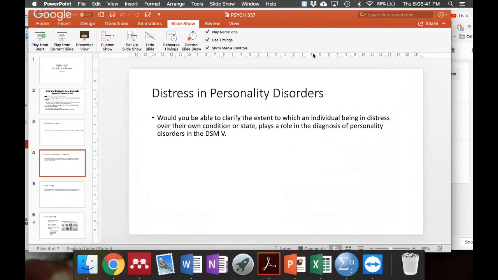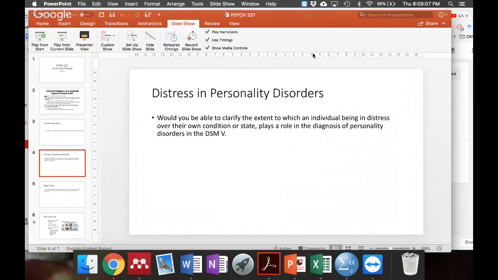So in the DSM-5, one criterion that's present for the diagnosis of all of the personality disorders is that the enduring pattern of inner experience and behavior leads to clinically significant distress or impairment in social, occupational, and other important areas of functioning. So the individual being in distress is important for the diagnosis, but it's not necessary.